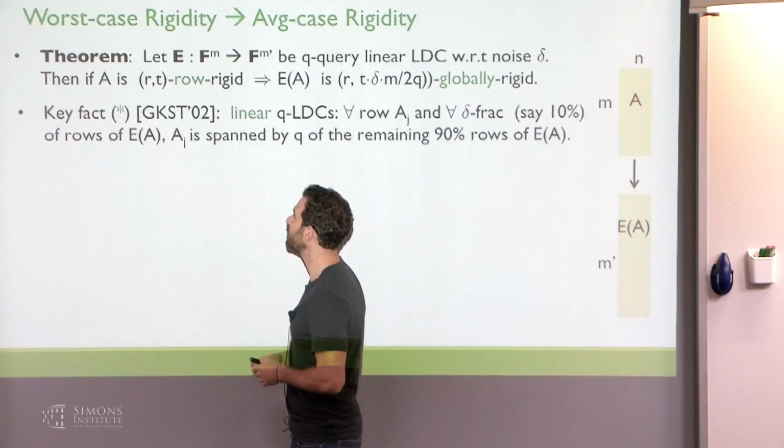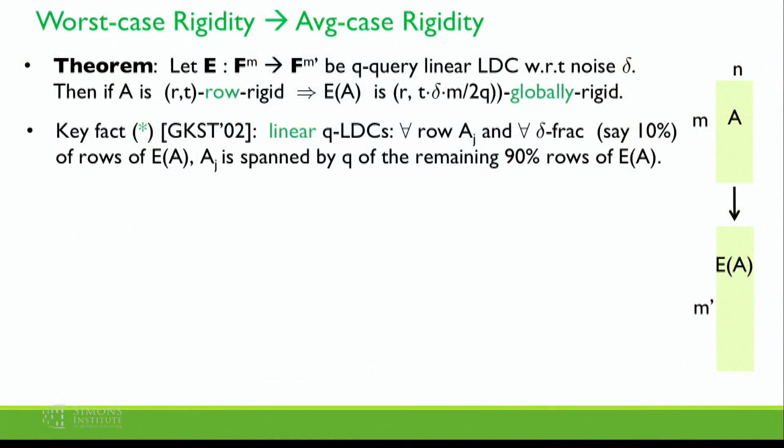Goldreich, Karloff, Trevisan, and Schulman, is the following crucial property of linear LDCs, which is not true for general LDCs. The property is the following.